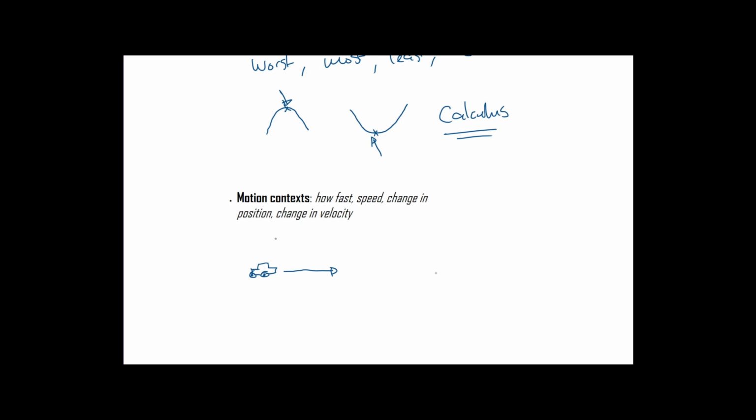It's changing its position, and the rate that it's changing its position is its velocity. And those of you who are doing physics, you'll know the difference between a velocity and a speed. A velocity can be negative, a speed can never be negative. How fast something is going.